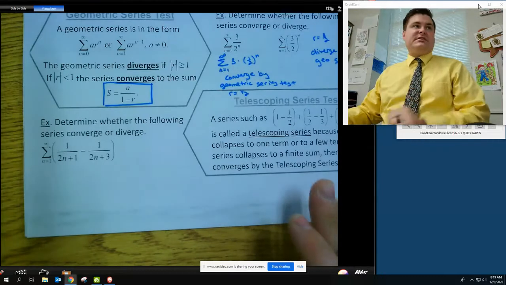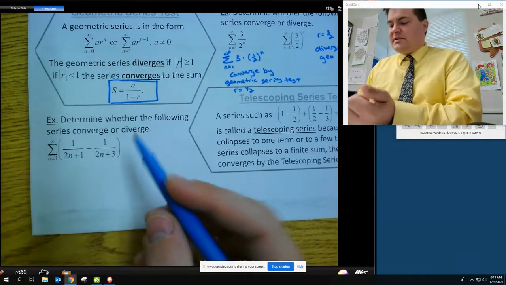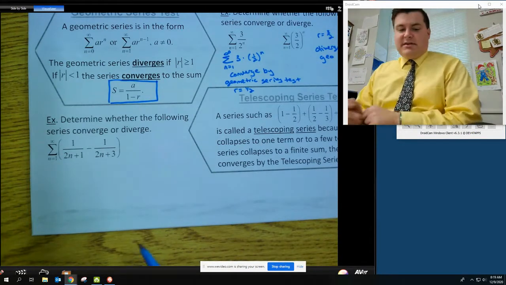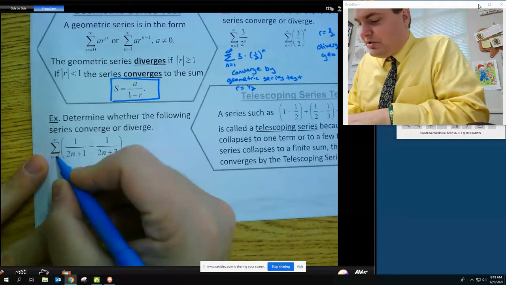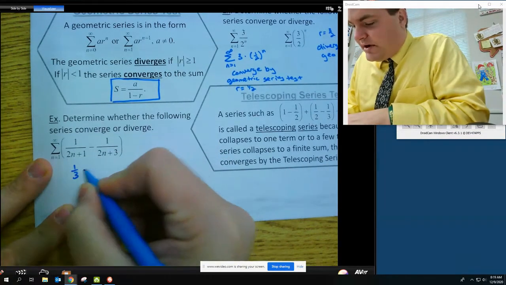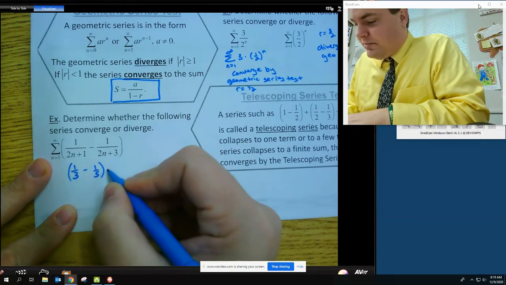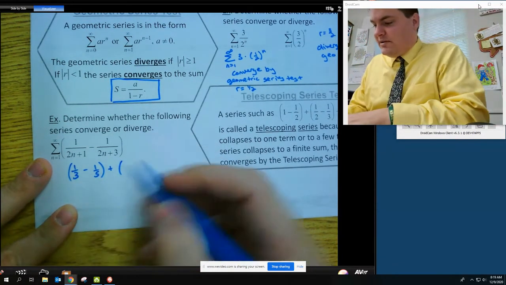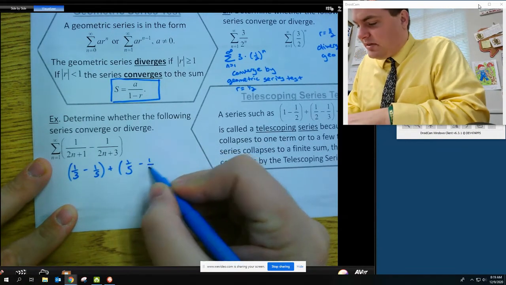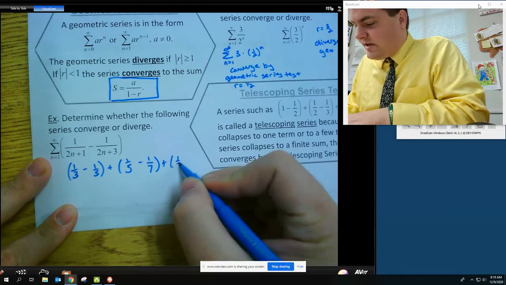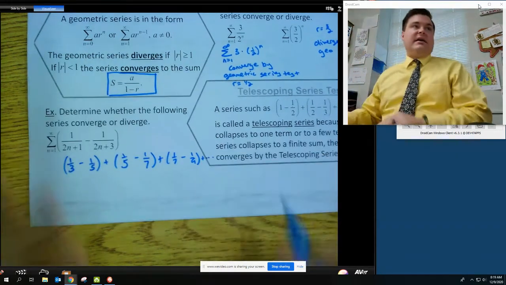All right, so here's an example. And what you can do here to discover that it's telescoping is just to plug in the numbers. Okay, so if I were to plug in a 1, because that's the first thing you'd plug in, you would get 1/3 minus 1/5. That's the first. And then plug in a 2, you would get 1/5 minus 1/7, plus 1/7 minus 1/9, and it keeps going on and on like that.